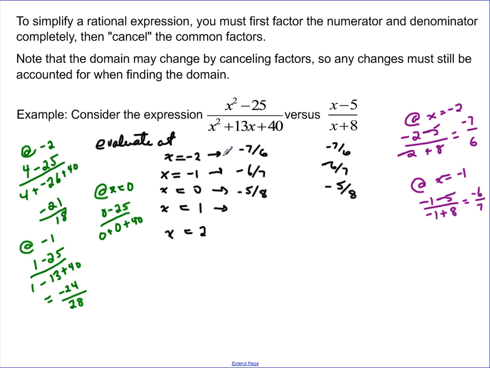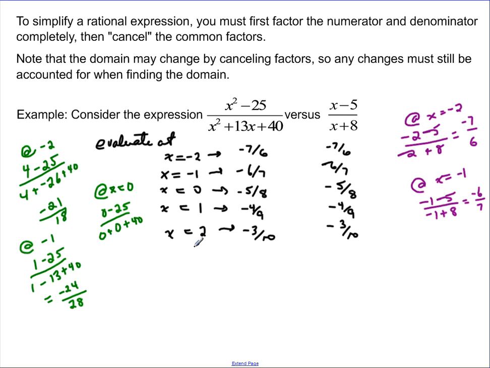When I substituted in x equals 1, I got 24 over 54, which reduced to negative 4 over 9, and sure enough, the other expression also gives negative 4 over 9. For x equals 2, we get 21 over 70, which reduces to negative 3 over 10, exactly what we get over here. So our expression is exactly the same for all of these values.